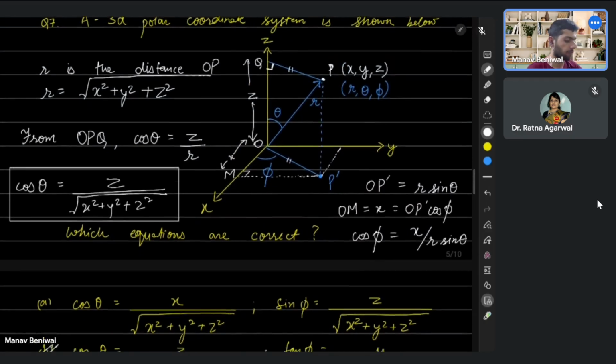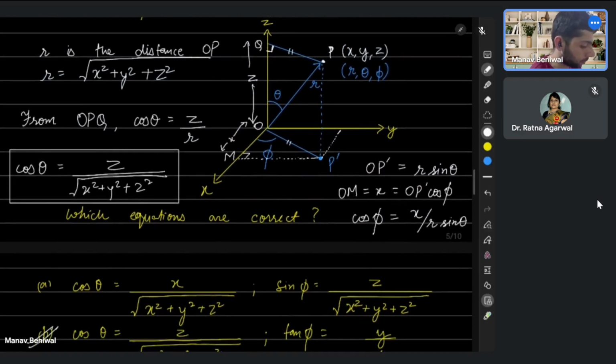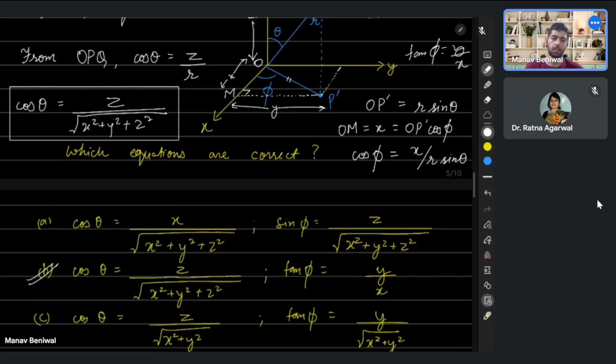It's fairly straightforward to check. So this is phi, and in this triangle MOP prime, this distance is y. If you take tangent of phi here, this will be y over x. So option B is correct.